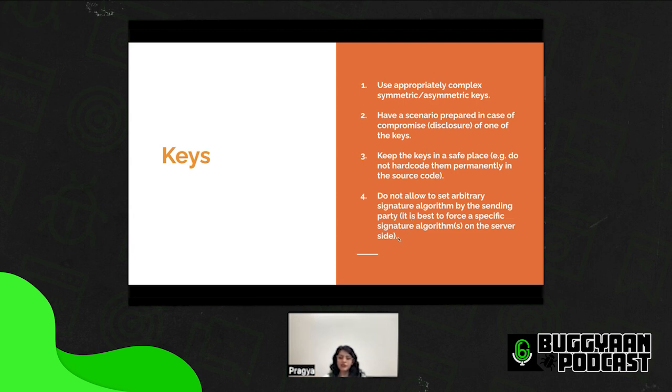So to prevent the algorithm confusion attack, you can enforce the server to only use the signature algorithm which is specified in the code, and to not allow the server to use any algorithm which comes from the user. So just make sure that you're hard enforcing the server to only use the algorithm which is meant to be used or intended to be used.